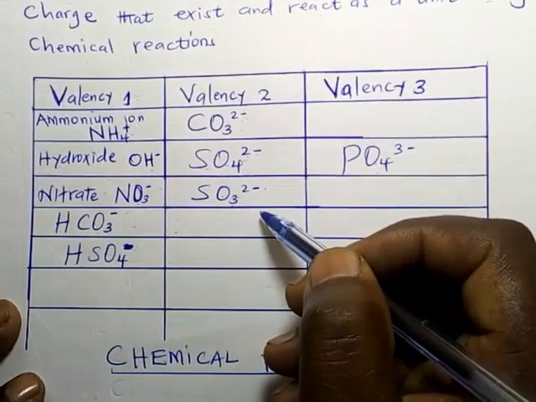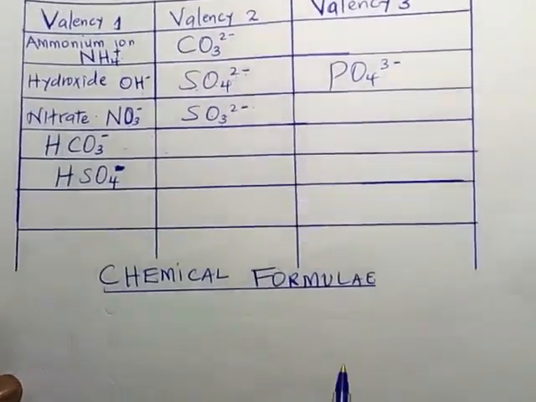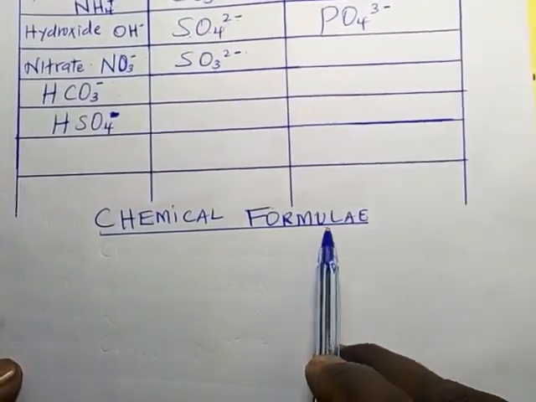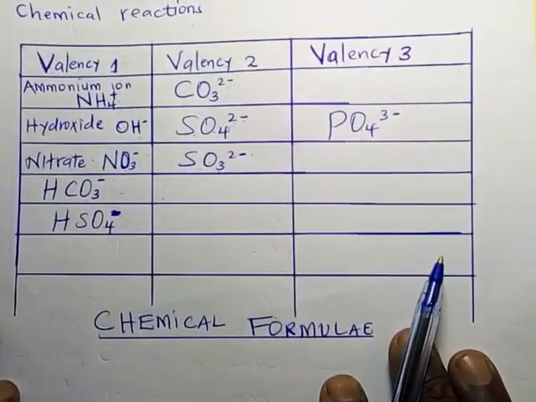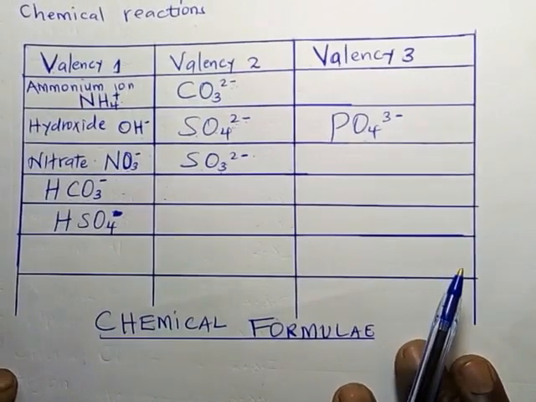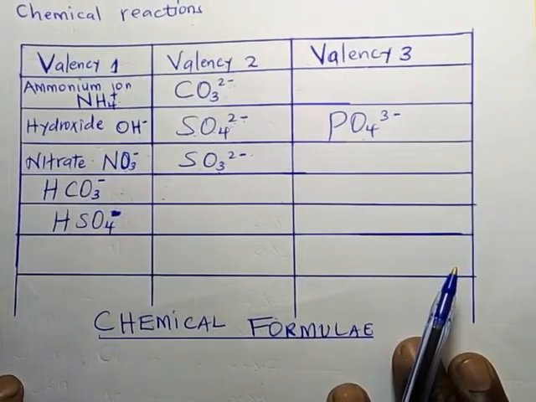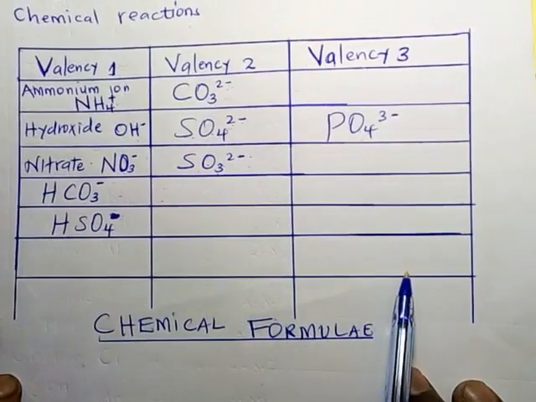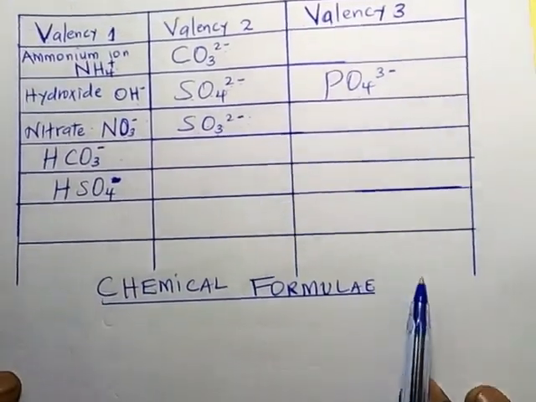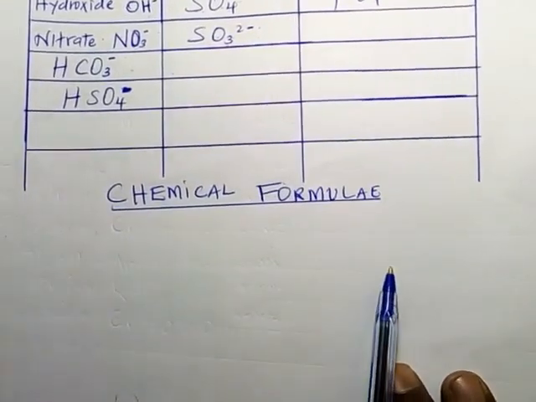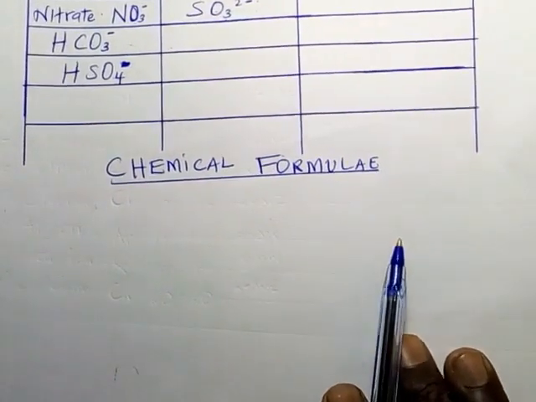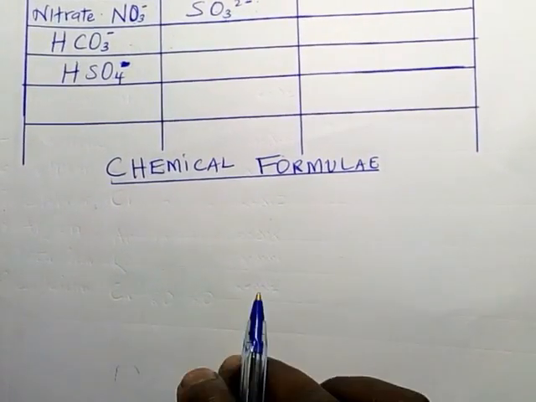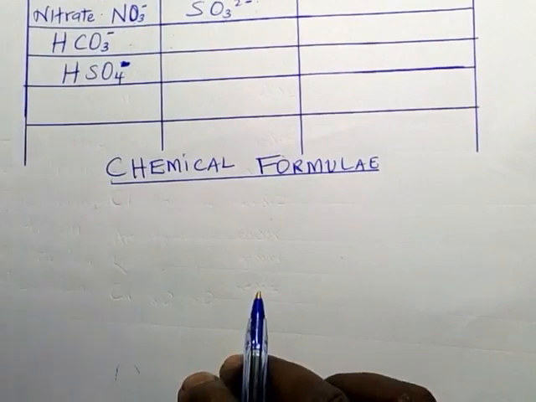Very important. So now when we come to writing chemical formulas, you are going to find out how important the valence of radicals and other elements is in writing chemical formulas. So let us go straight now to writing chemical formulas.